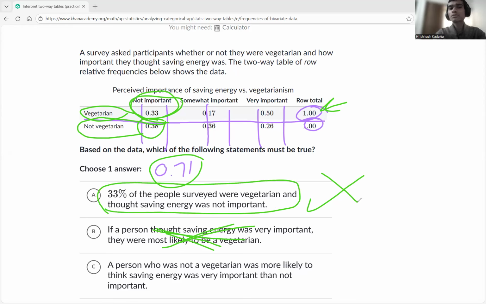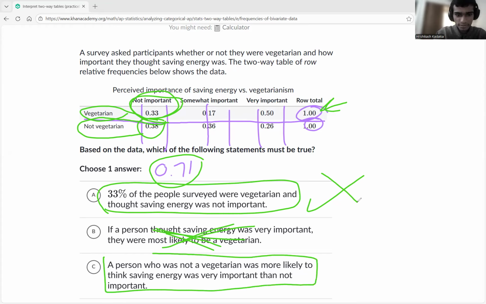So 33% we don't know. We know that 33% means 33% of vegetarians. We don't know 33% of the people surveyed were vegetarian. We know 33% of vegetarians consider saving energy not important. We can't say 33% of the people surveyed in total, because that is not being given to us. So that way we have to see this part.